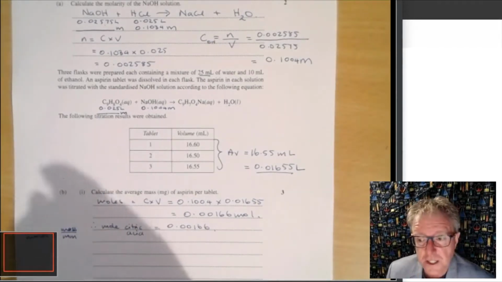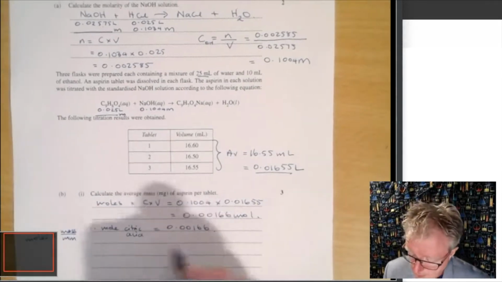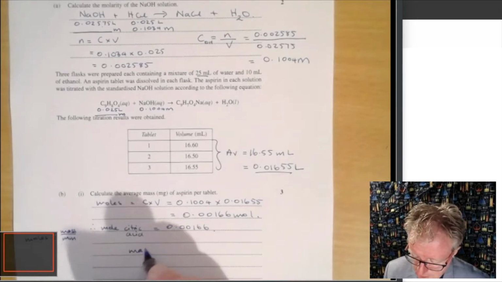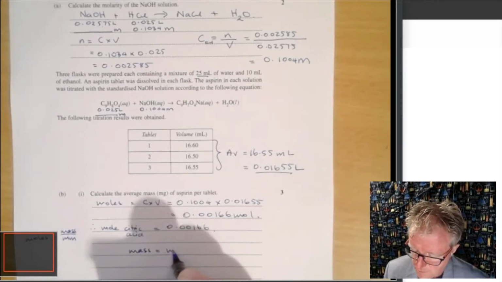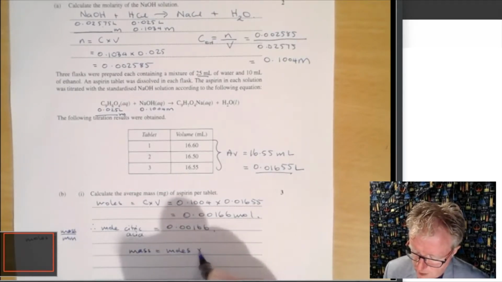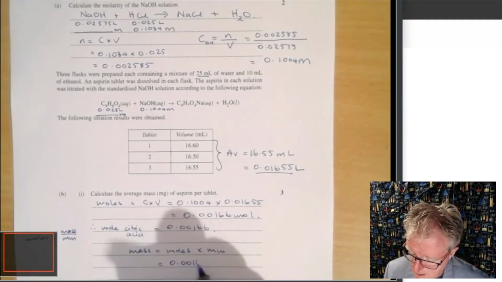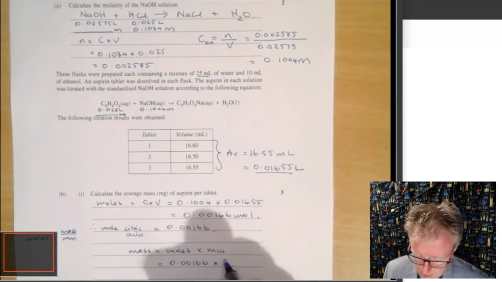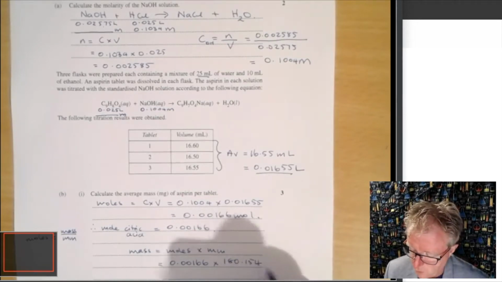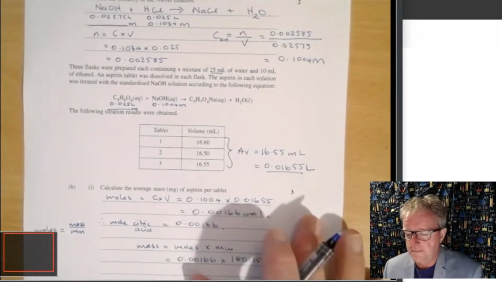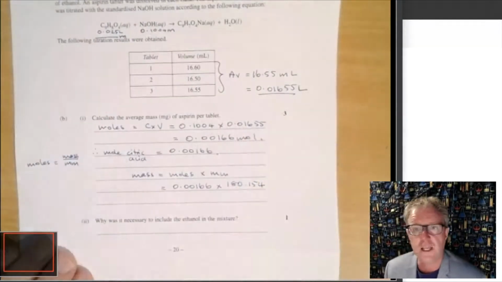So let's put that into the equation and see how we go. All right, so we have the mass is equal to the number of moles times the molecular mass. The moles is 0.00166. The molecular mass is 180.154.